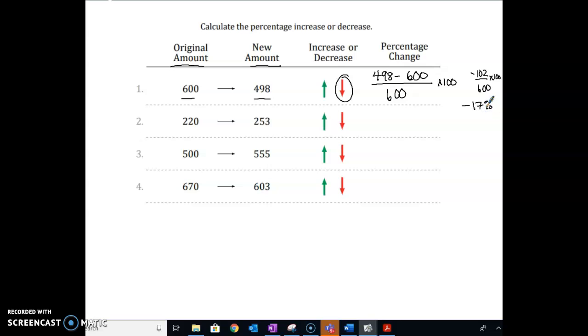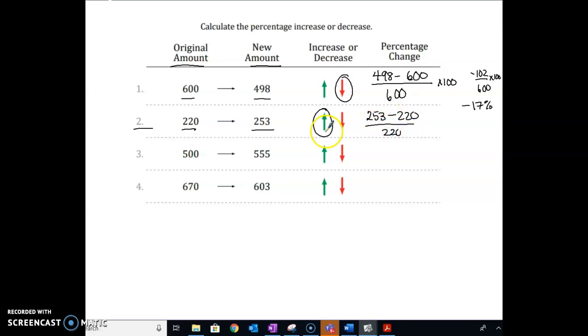The next one, if we look at example 2, when our original value was 220 and we've gone to 253, we can see that that has been an increase. So you're going to take, again, your new amount, 253, and when you subtract 220, you're going to get a positive value.